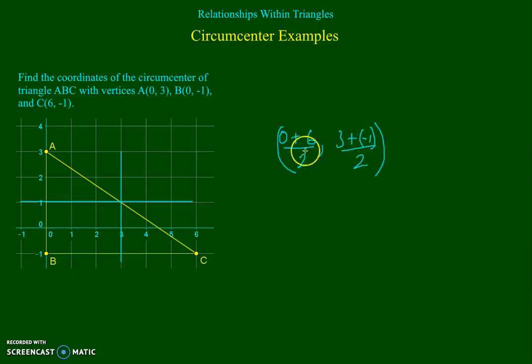That gives us 6 divided by 2 is 3, and 3 minus 1 is 2. 2 divided by 2 is 1. So yes, in fact, that is the intersection point right there, and that is our circumcenter. So our circumcenter is at 3, 1.